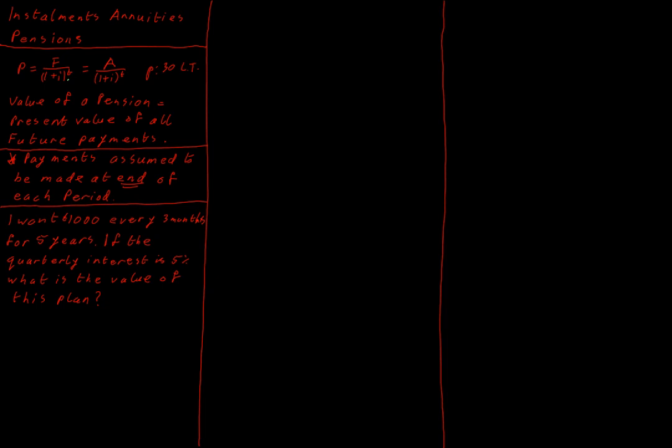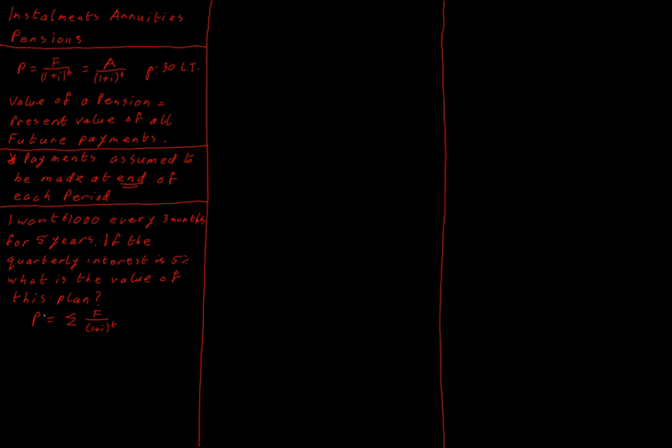So what we're going to do is write out our formula. Our present value of our plan is the sum of all of these future values. That's what we said in English here. And this is our formula that we know from page 30 in the log tables.